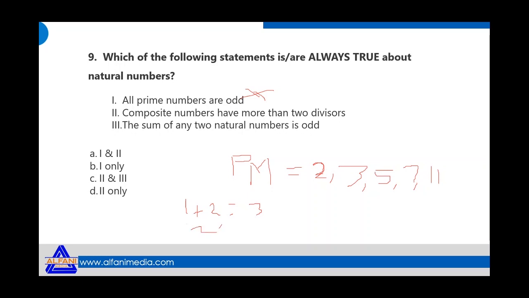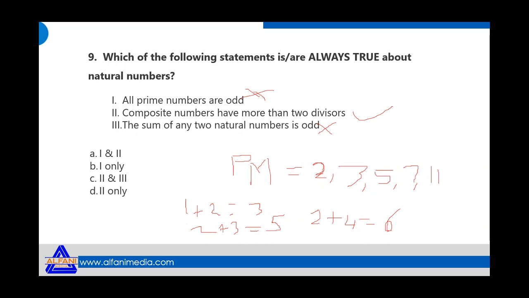When you take 2 plus 3, that is 5. But when you take 2 plus 4, that is 6. These are natural numbers and they are not giving us odd, so this is also false. So the answer here is I.